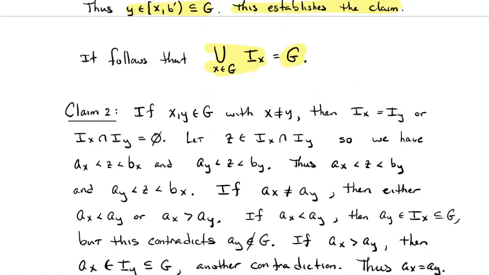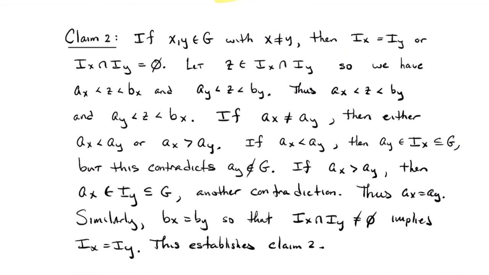Okay, moving on. Second claim. By the way, we also have to trim it down, and two of these that aren't the same have to be disjoint. So that's what we're going to work on now. Let's suppose we take two points in G, x and y, and they're different.